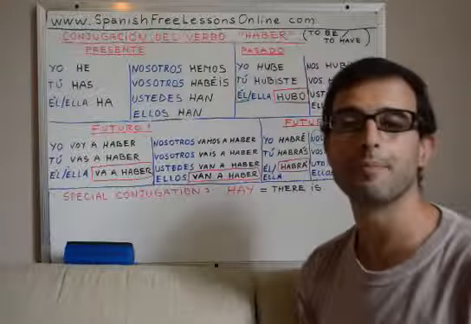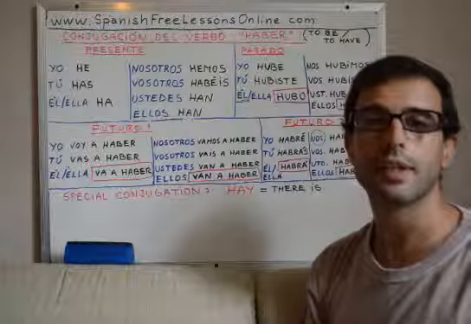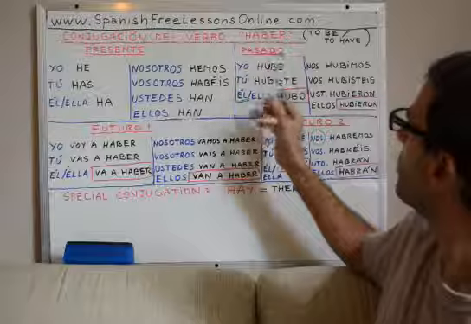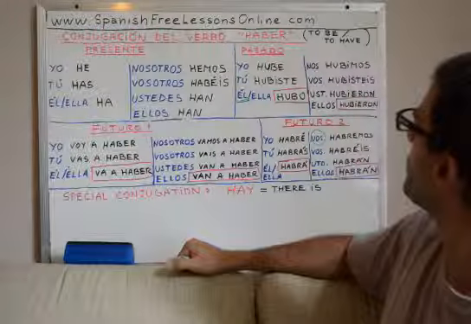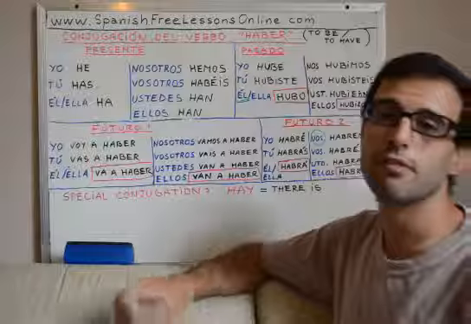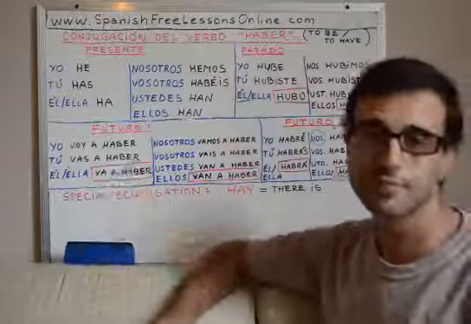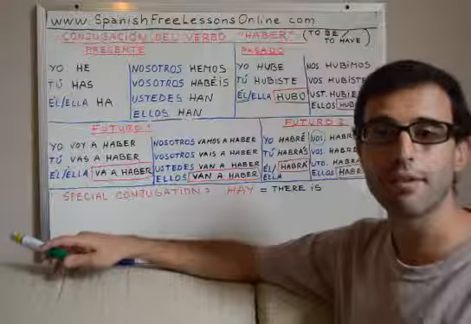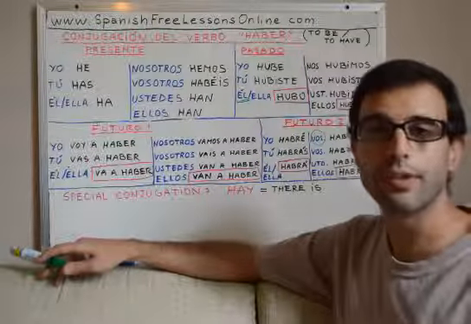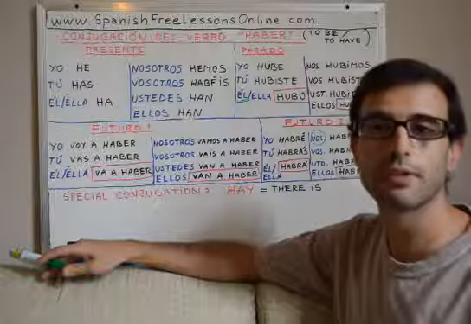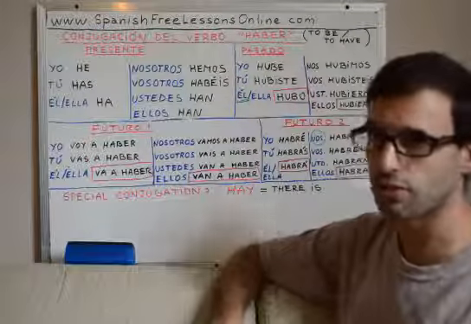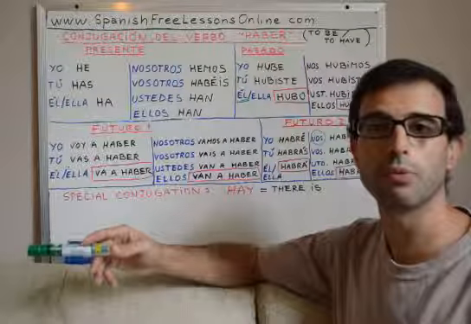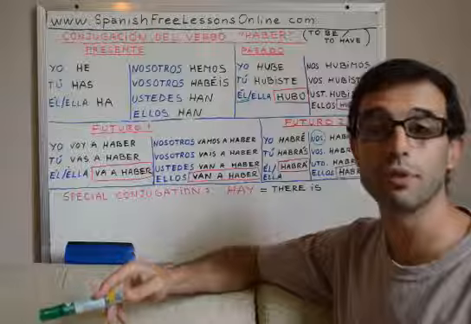Let me give you a small hint right now. The verb haber has a correspondence with the English verb to have when it is used as an auxiliary verb for conjugations. For example, in English, if we want to conjugate into the present perfect, we use the auxiliary verb to have.